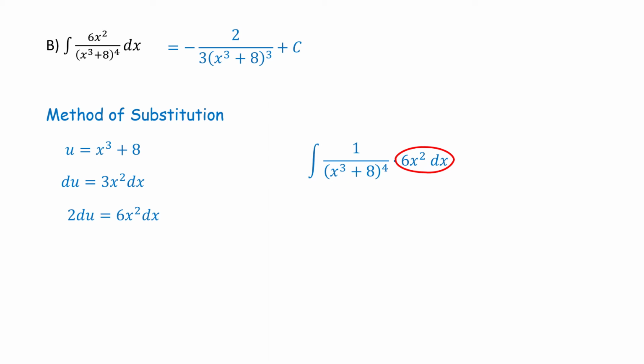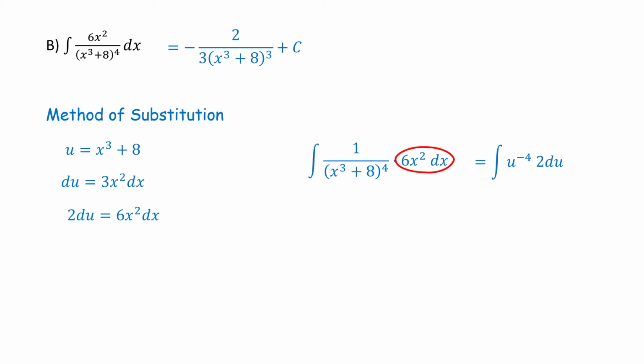Now we can make a direct substitution. Where the x cubed plus 8 was, we'll put in u. And let's go ahead and write that as u to the minus 4 using rules of exponents. And where 6x squared dx was, we'll replace it with 2 du.